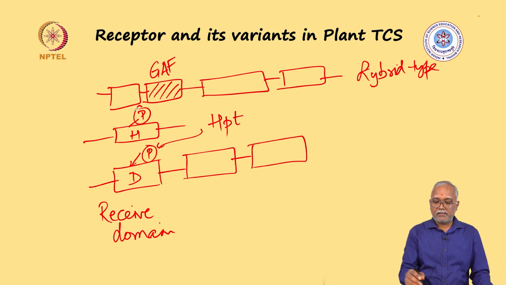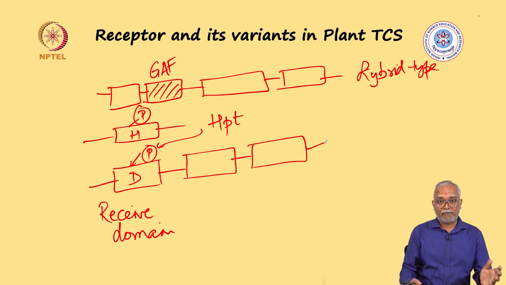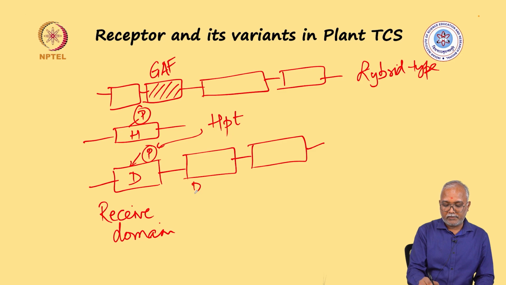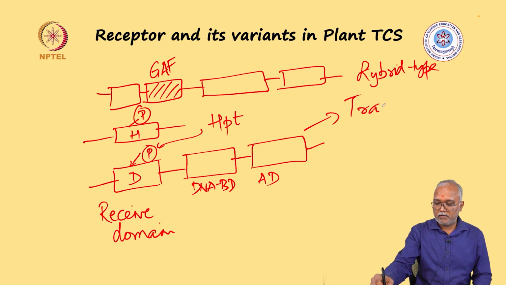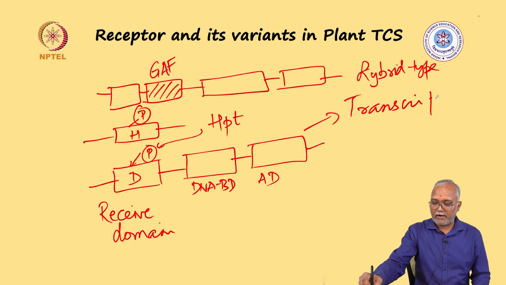In addition to that, they can have domains which will divert their signaling. You can find examples where you have a DNA binding domain, as well as something called an activation domain, which makes them a suitable transcription factor.